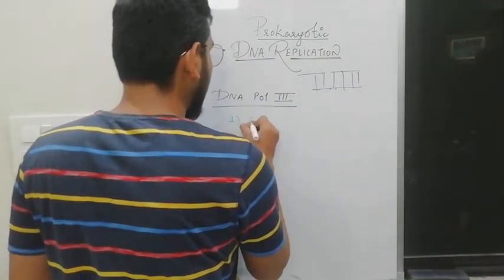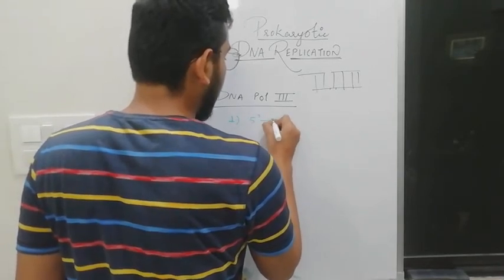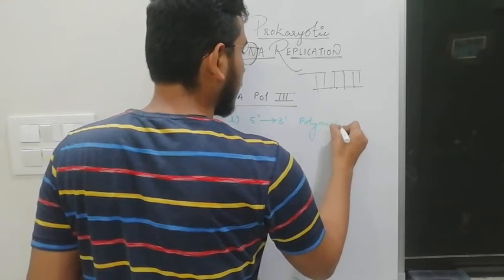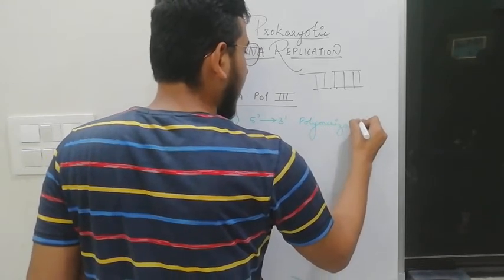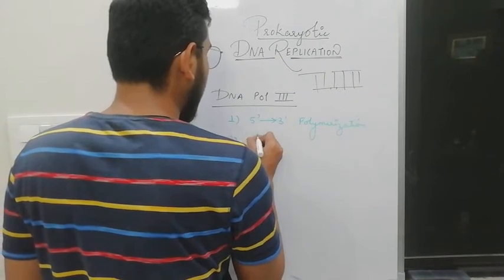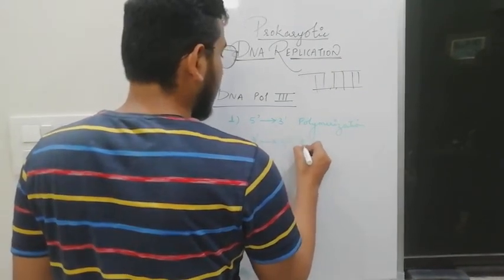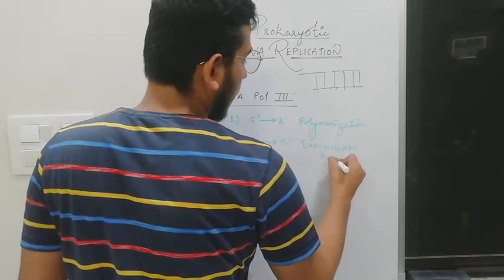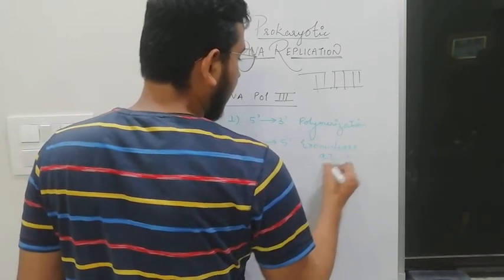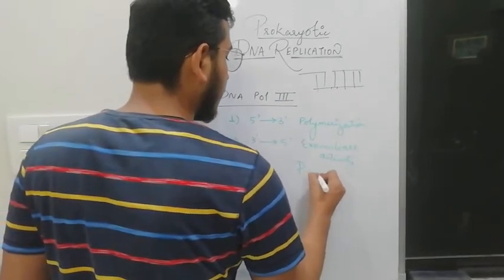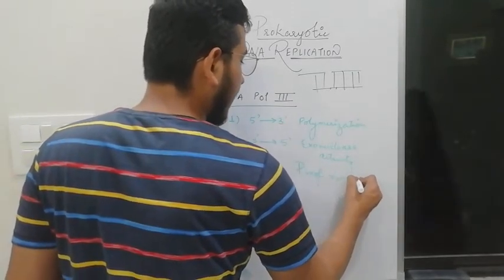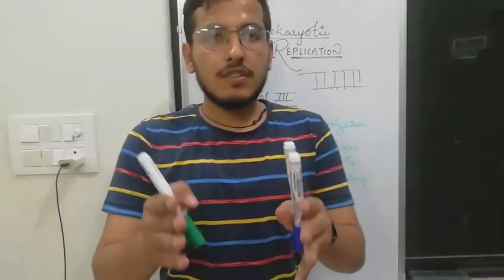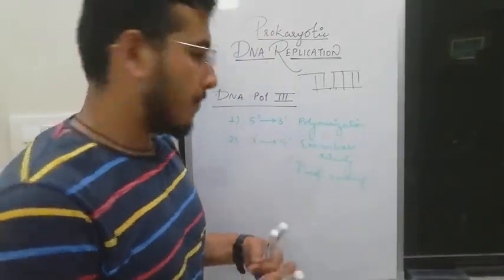First was 5' to 3' polymerization, and second was 3' to 5' exonuclease activity, that is proofreading. So these two functions are of DNA polymerase 3.